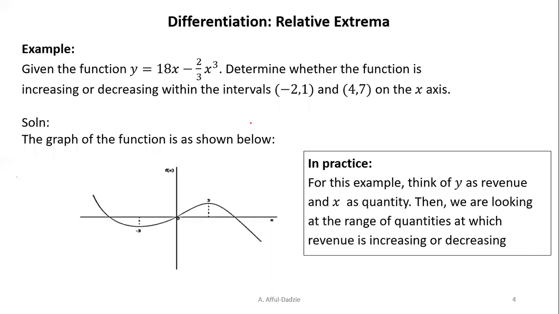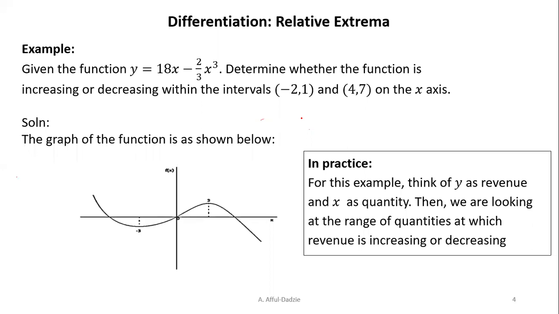Probably in that range, for instance, if you're selling a bottle of water, we can sell our bottle of water between 1 cedi 20 pesos and 2 cedis. If you sell it at any price between 1 cedi 20 pesos and 2 cedis, chances are that our revenue or demand would be increasing along that line.